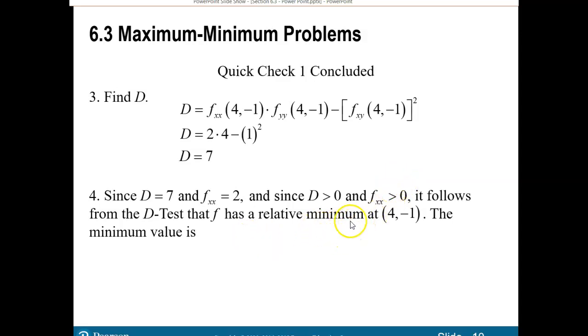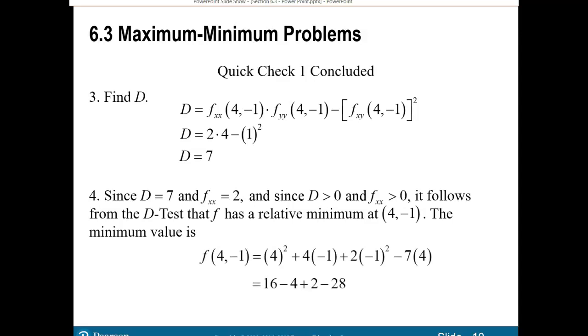It would follow that you'd have a relative minimum at your critical point. And then to find the value of the minimum, we plug that back into the original function f to get negative 14. So these are long. These first two examples have been pretty simple, but that's the process.